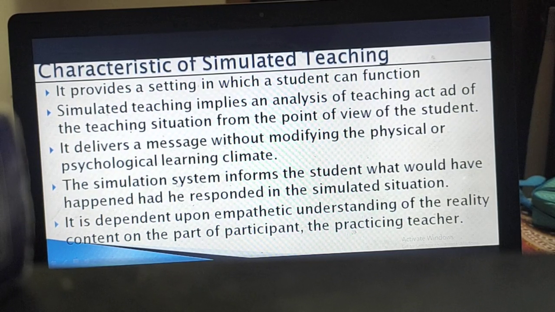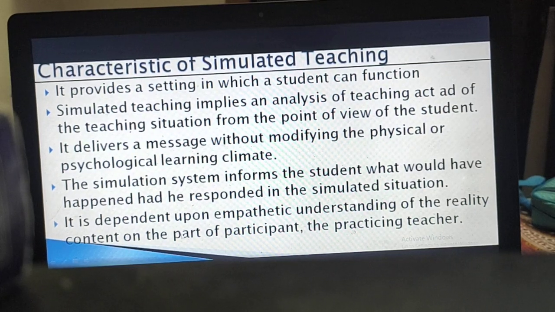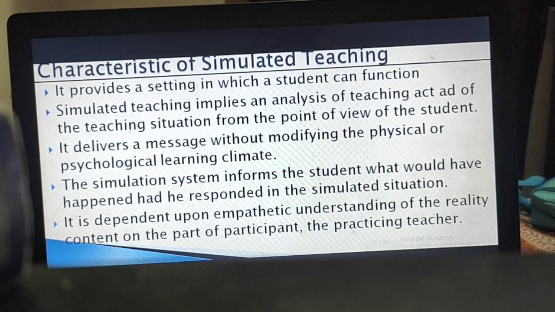The simulation system informs the student what would have happened had he responded in the simulated situation. It depends upon the empathic understanding of the reality content on the part of participants and practicing teachers. That means simulated teaching creates an environment where the student can function properly.